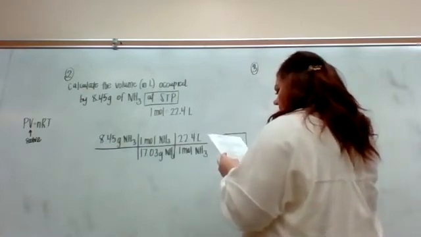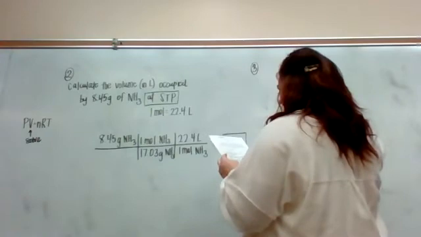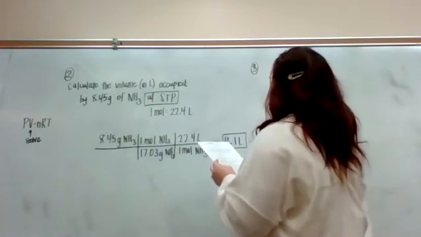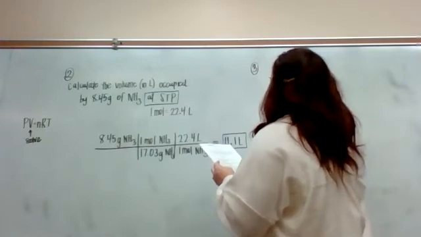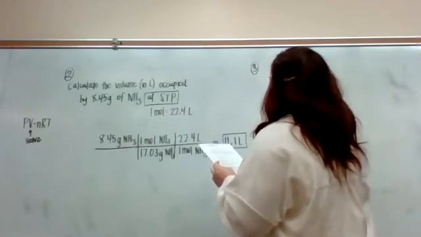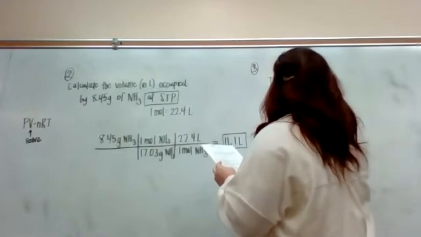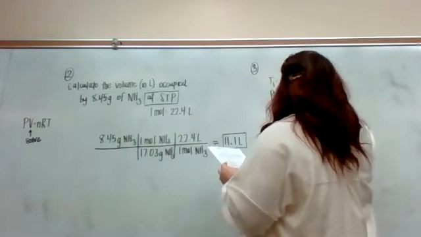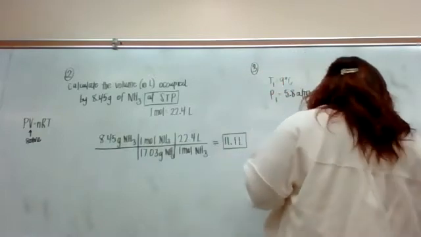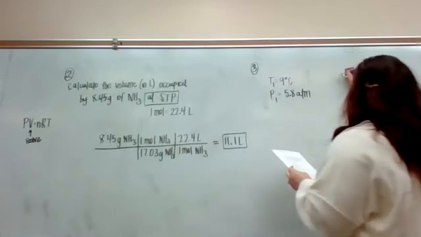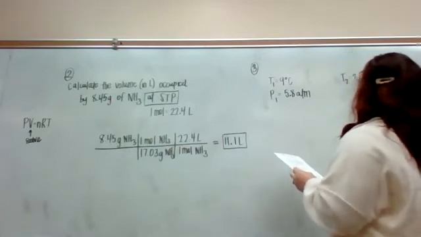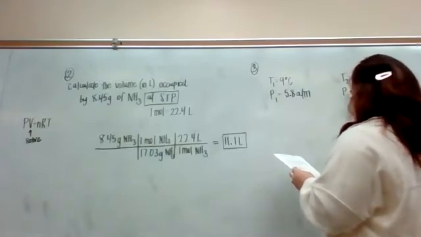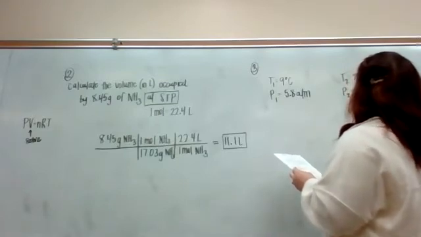It says a small bubble of gas rises from the bottom of a lake where the temperature and pressure, so we'll say T1 is 9 degrees Celsius, P1 5.8 atmosphere, to the water's surface where the temperature is 25 degrees C, so we'll make that T2. Pressure 1 atmosphere.